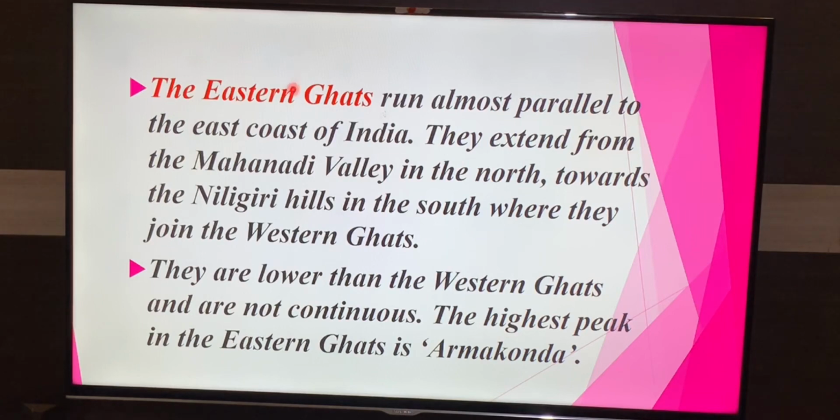Eastern Ghats are running parallel to the east coast of India. They extend from Mahanadi to Nilgiri Hills. Near the Nilgiri Hills is the place where Western Ghats and Eastern Ghats meet.